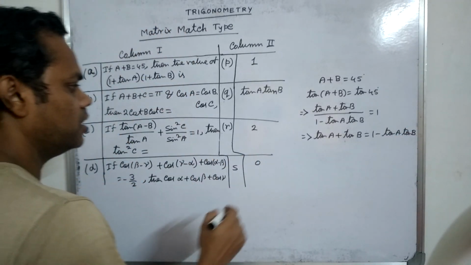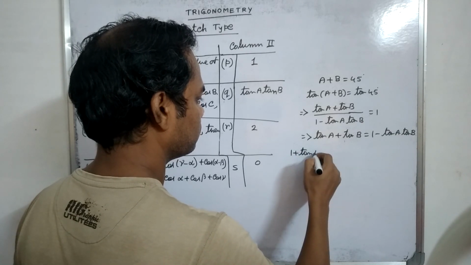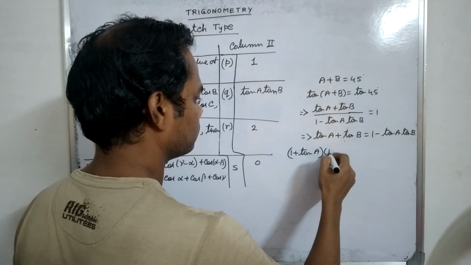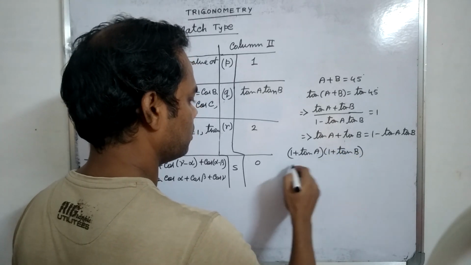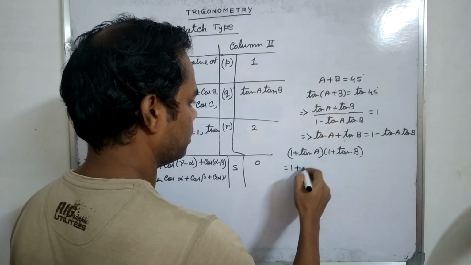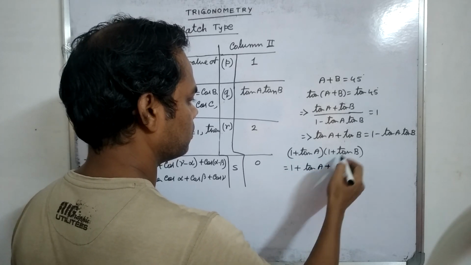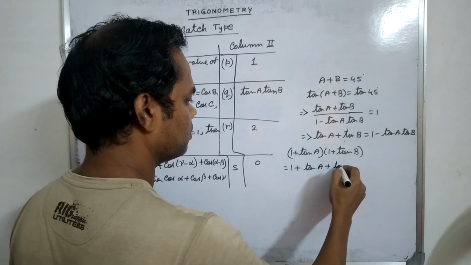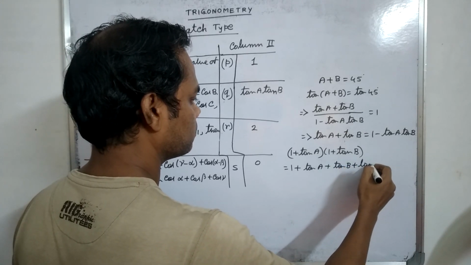Then (1 plus tan a) into (1 plus tan b) is equal to 1 into (1 plus tan b) plus tan a into (1 plus tan b), this one is tan b plus tan a tan b.